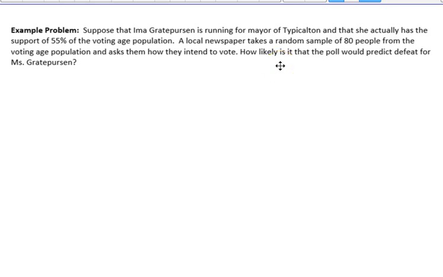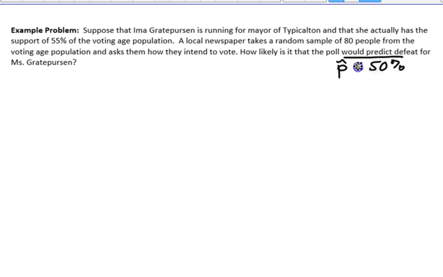Well, the poll would predict defeat if the p hat of the sample is less than 50%. So what we want to know is, if the population proportion is 55%, how likely is it to get a sample of 80 individuals in which the sample proportion is 50% or less?